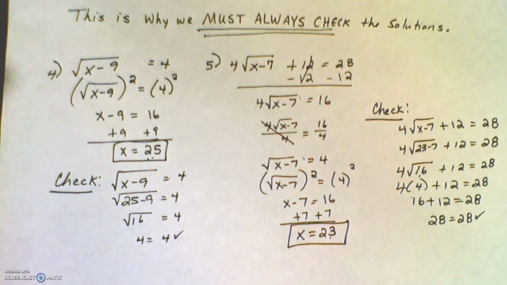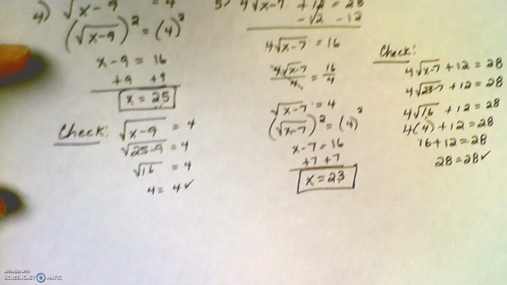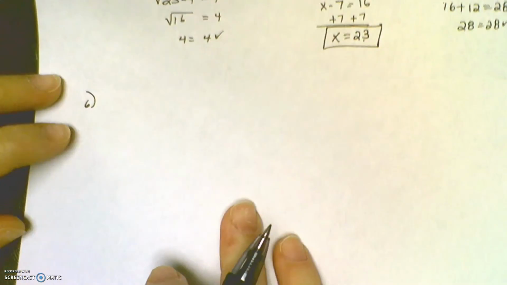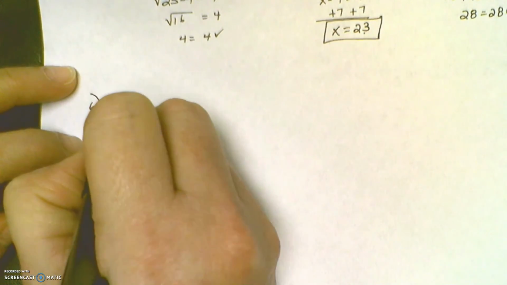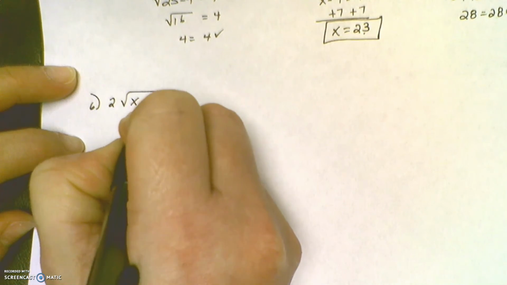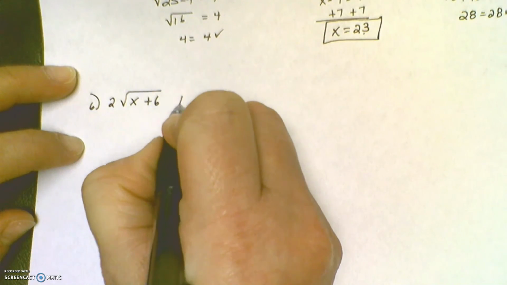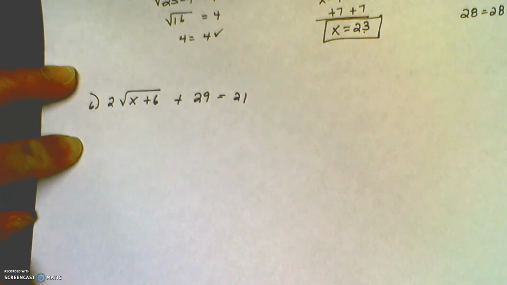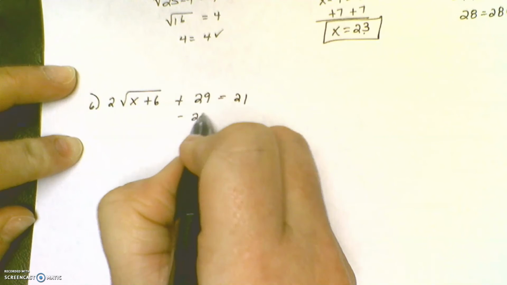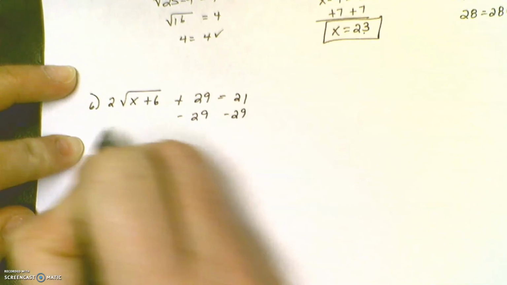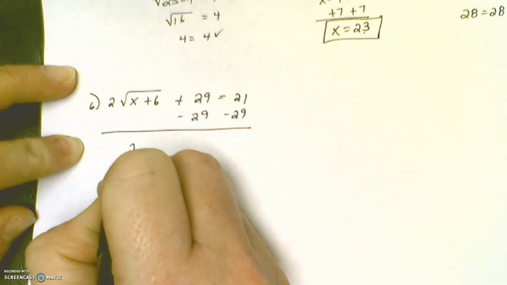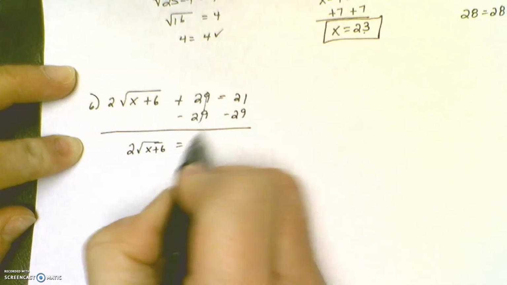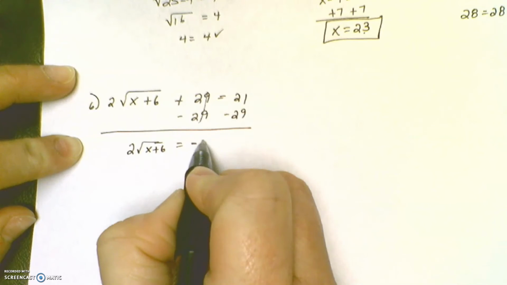We'll do one more. 2 times the square root of x plus 6 plus 29 is equal to 21. Subtract 29 from both sides. 21 minus 29 is negative 8.